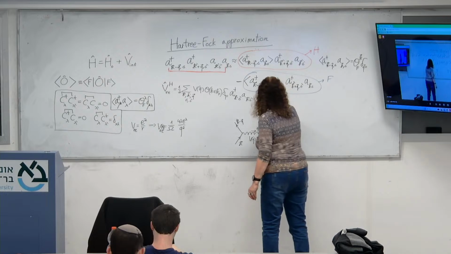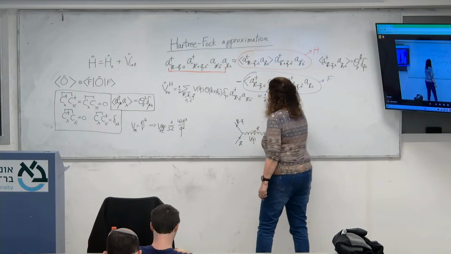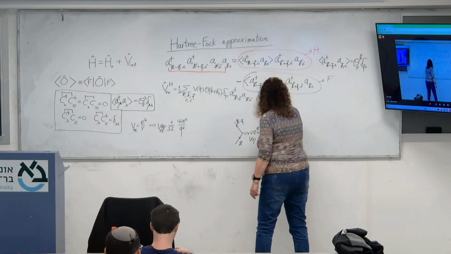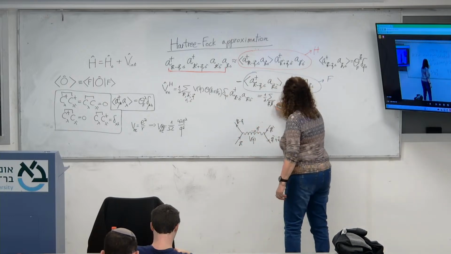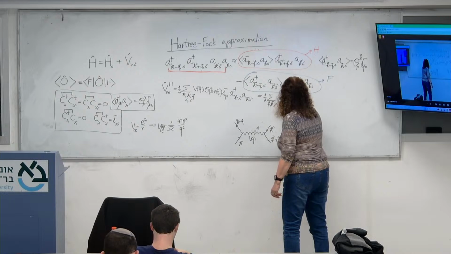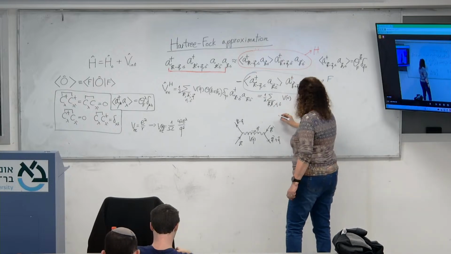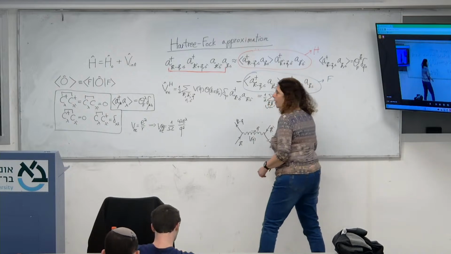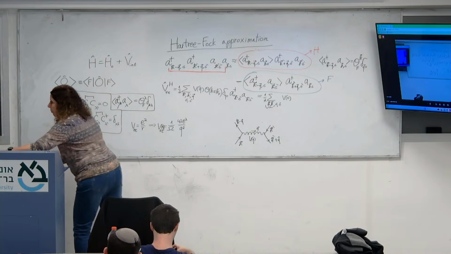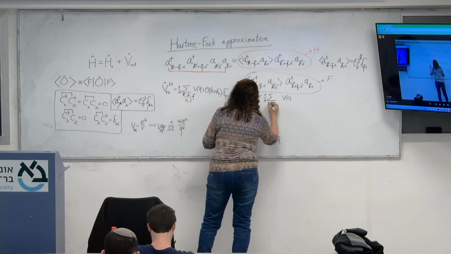So let me write it down. So it's 1/2 times, actually let me do it a little slowly. I still have sigma and sigma prime. Now I have V of 0 and the K and K prime, with K smaller than K_F.